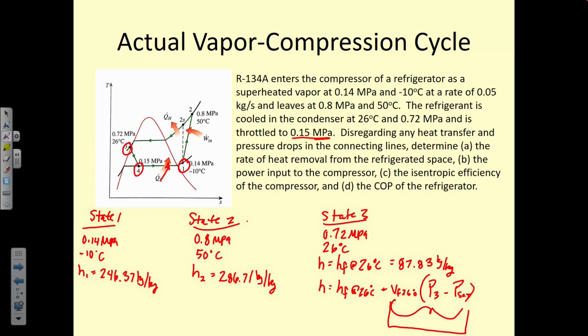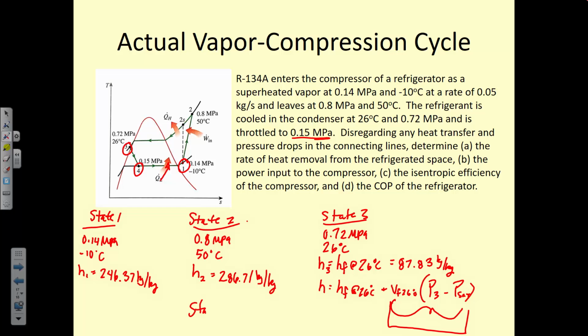We found state 1, state 2, state 3. What about state 4? What is state 4? Saturated mixture. Okay, it's a saturated mixture. How do we find the enthalpy there? Use, because H3 is equal to H4. Ding, ding, ding.